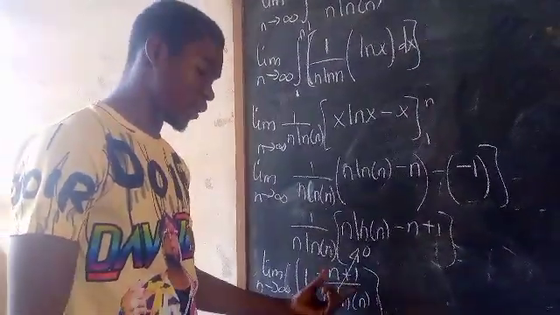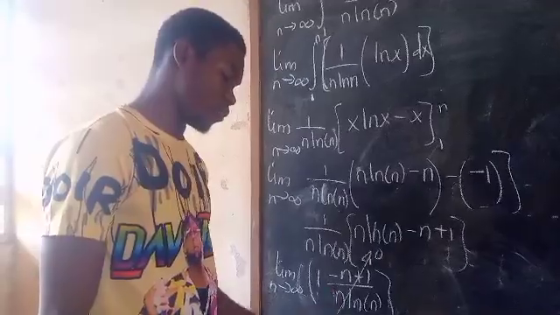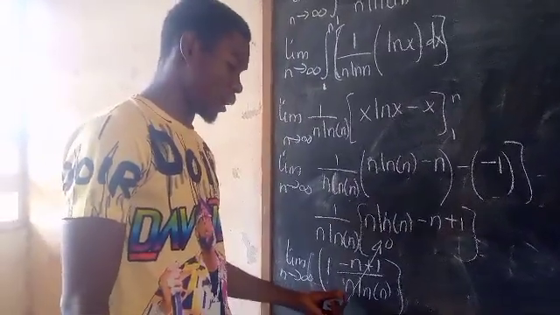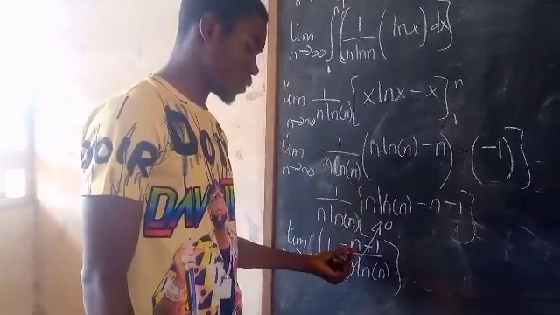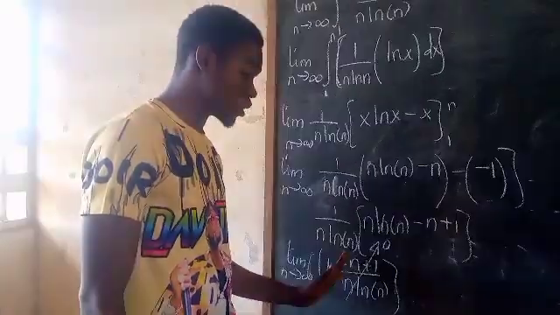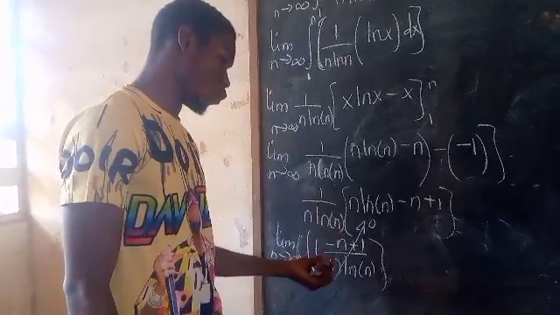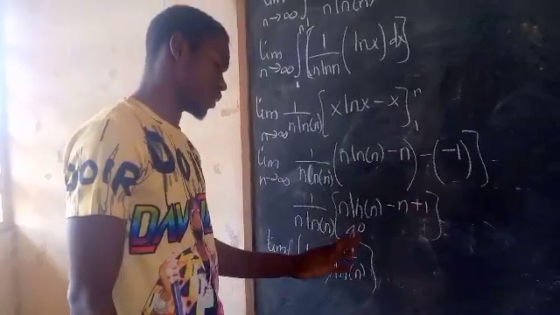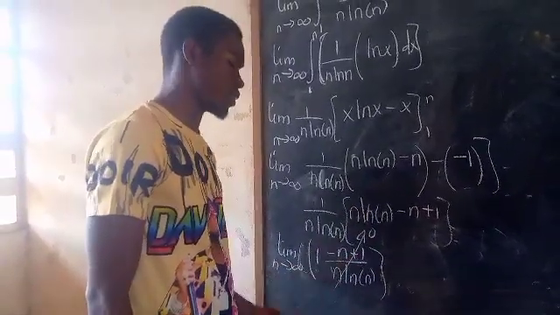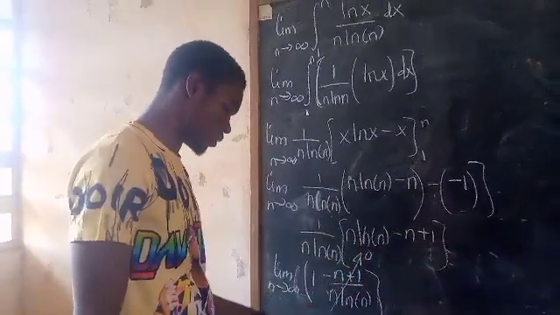The bottom definitely is heavier than the top. Natural log of x, as we all know, is an increasing function, and n as well is increasing. Likewise, this negative n, if we ignore the negative, we see that n is also an increasing function. The negative makes it a decreasing function, then 1 is just a constant. So everything here goes to 0.